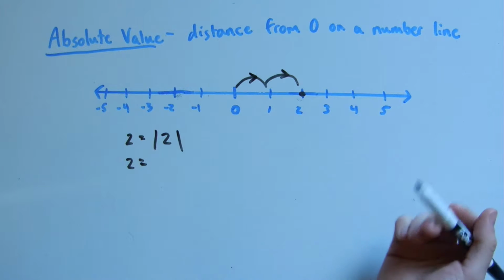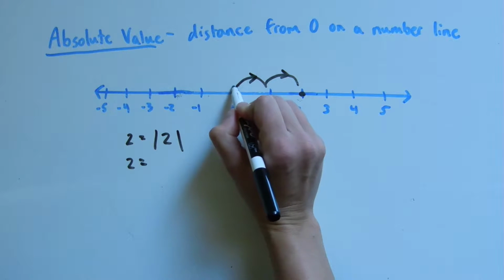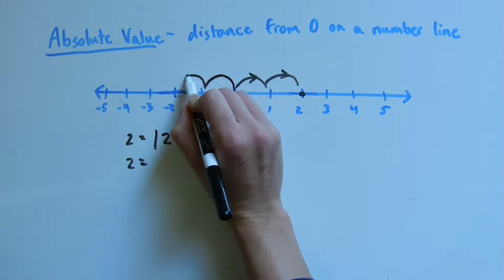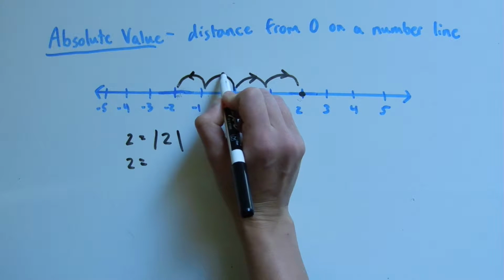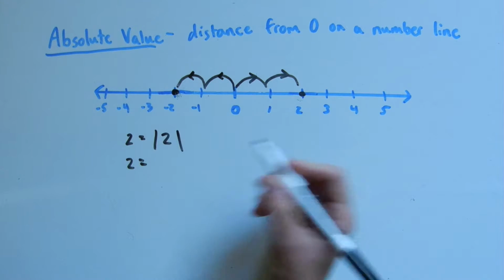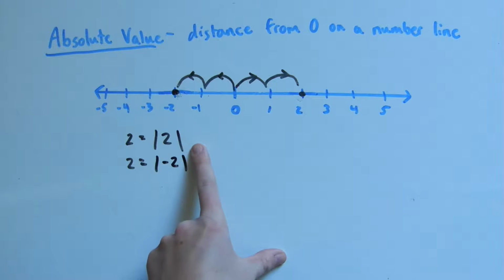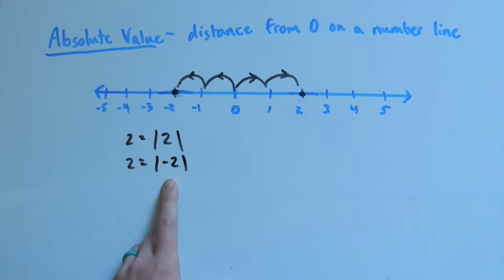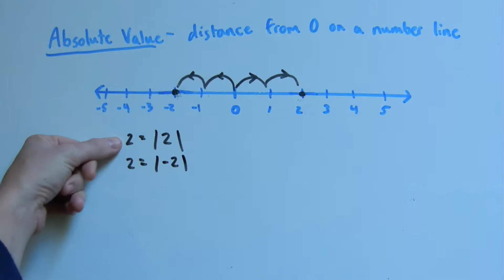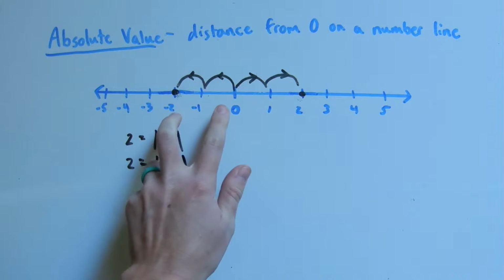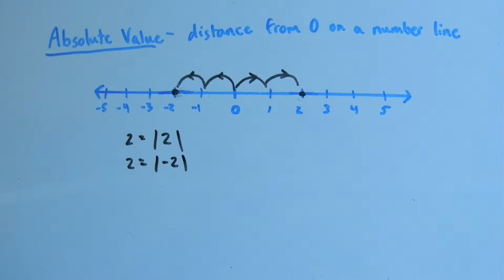What about a distance of 2 away from 0 going to the left? That would be negative 2. So the absolute value of 2 and the absolute value of negative 2 is that distance 2, that the number is away from 0.